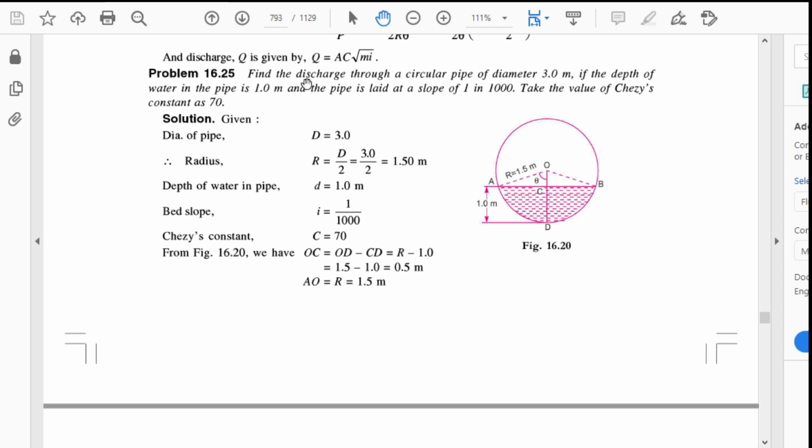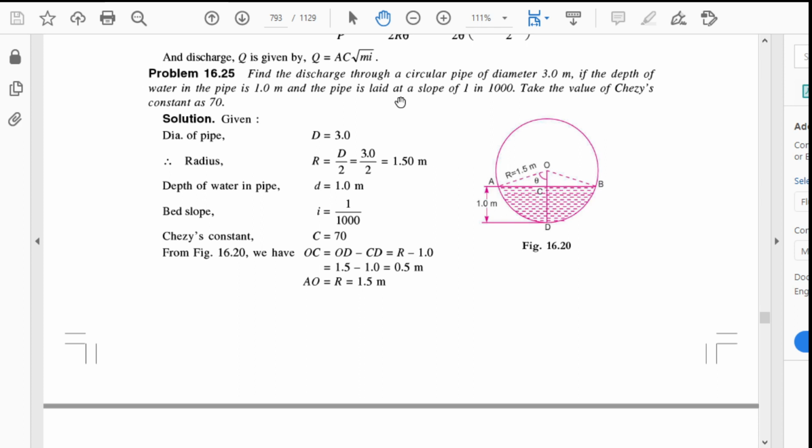Now here in this problem they have given that the channel section is a circular pipe. Diameter of that circular pipe is 3 meters. Depth of water in that pipe is 1 meter. And the bed slope, that is i, means the pipe is laid at the slope of 1 in 1000.